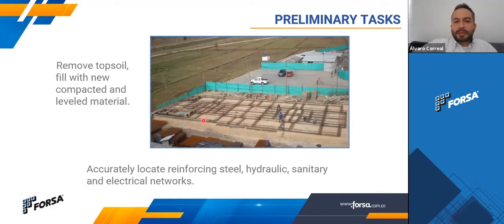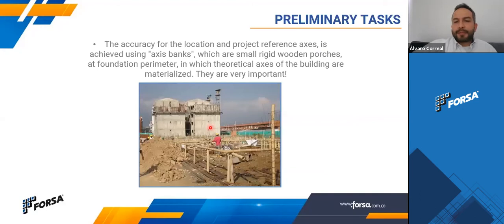They filled with a new compacted material, some granulate aggregates, and they have compacted it, leveled the material, and then they locate the reinforcing steel and all the MEPs. Very important that these activities of location and access and everything is done with accuracy, so you can materialize what you have in your drawings on site.